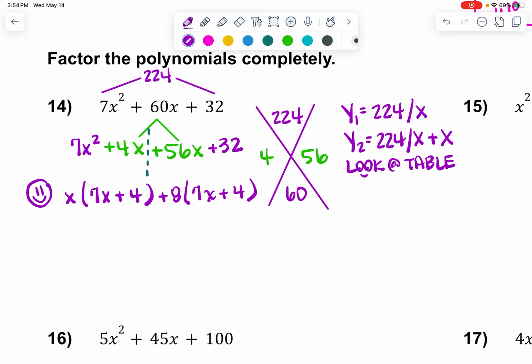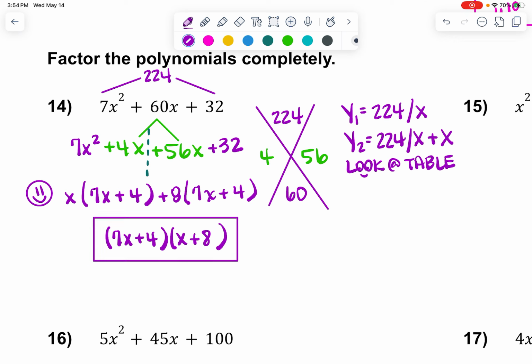Remember our little smiley face? We're very happy because our parentheses are identical, and that has to happen if you have factored correctly. And then we do GCF one more time. These 2 terms have 7x plus 4 in common, and then the x plus 8 is the leftovers when we divide that out. And there's our completely factored polynomial.